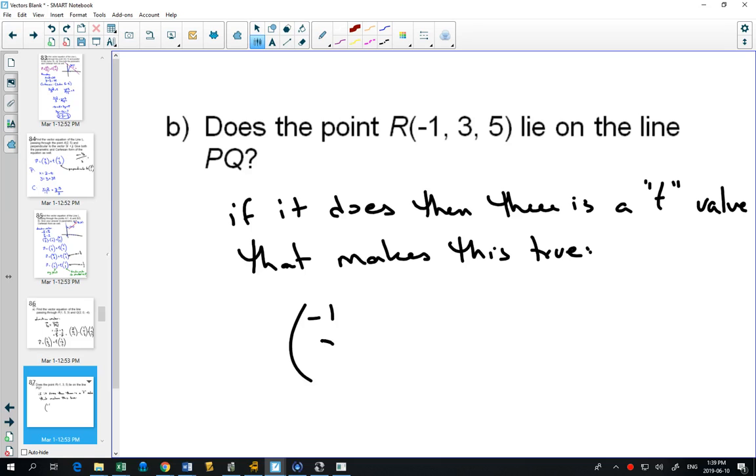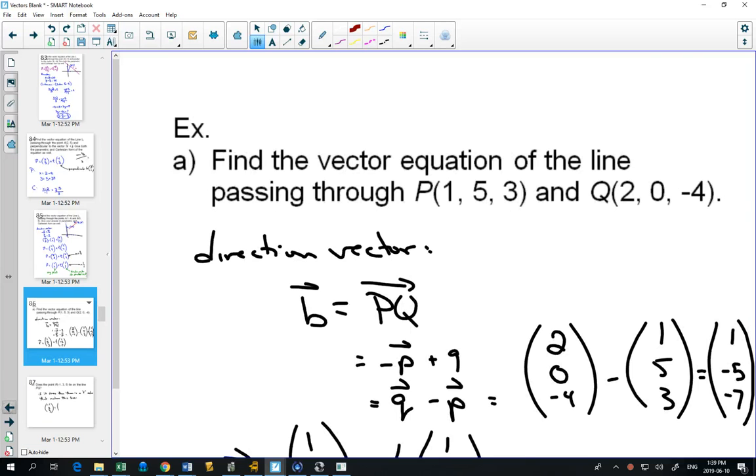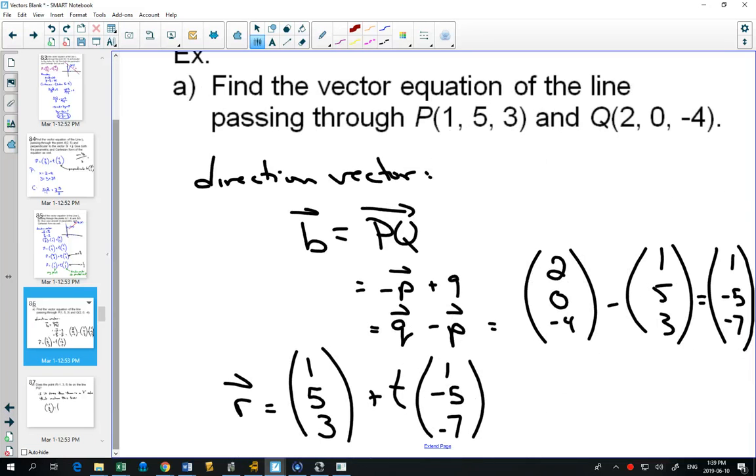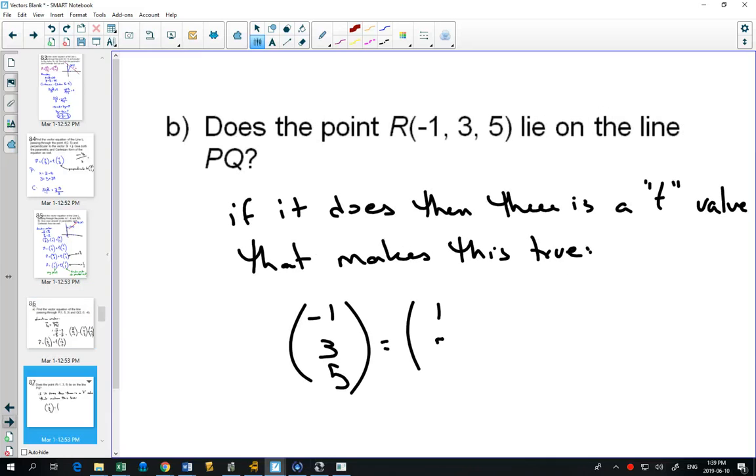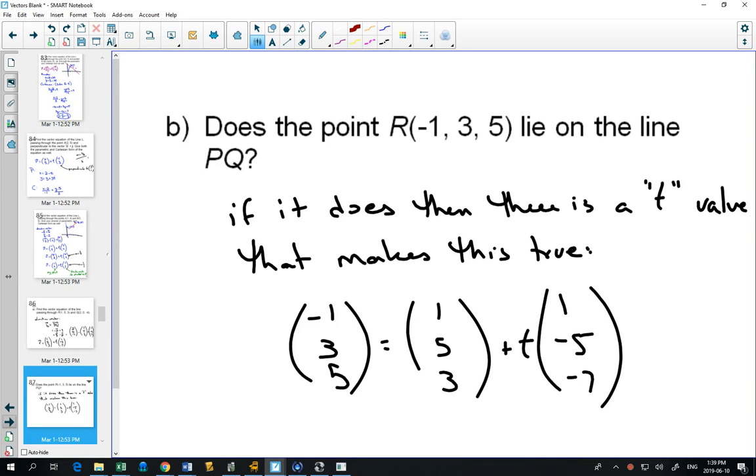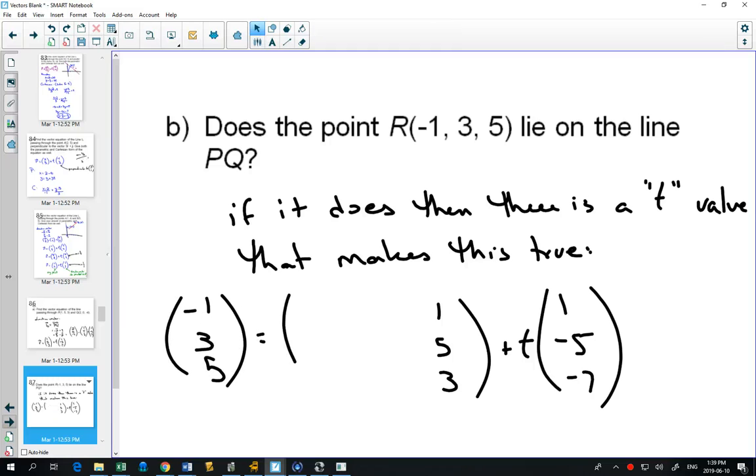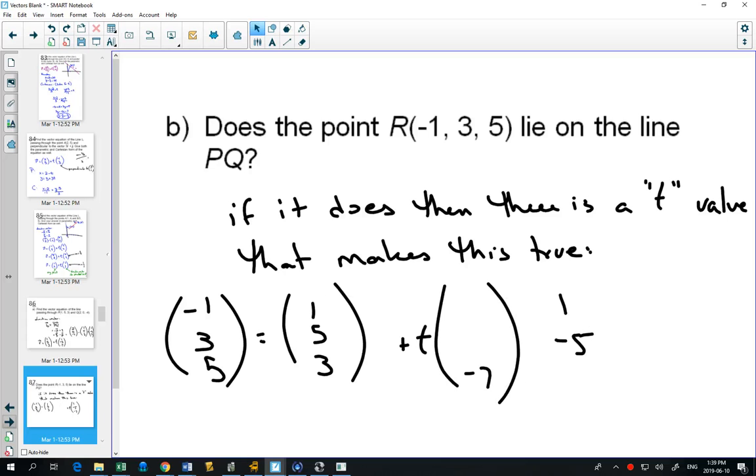We put in the point for r. We had our original line equation, which I'm going to just go back here and steal for a second. (1, 5, 3). Was it (1, -5, -7)? Yes? And so there would have to be a t-value that makes this true. I'll slide this over this way. Cool.